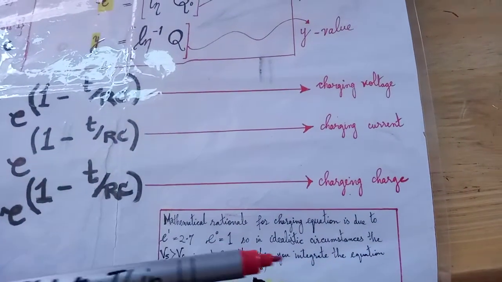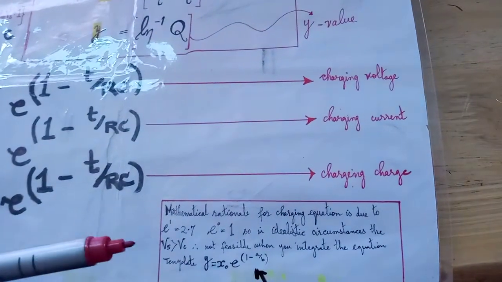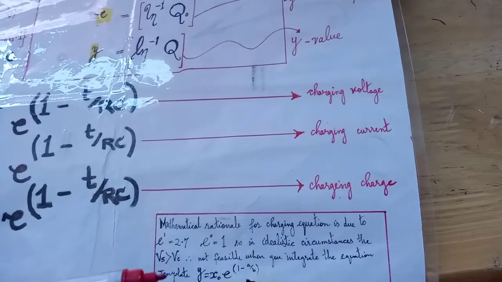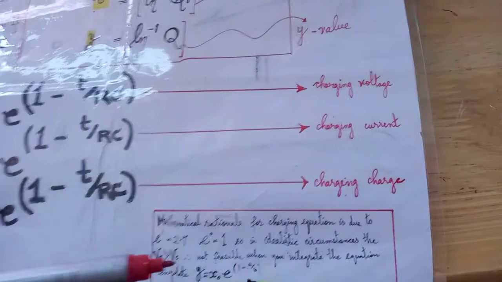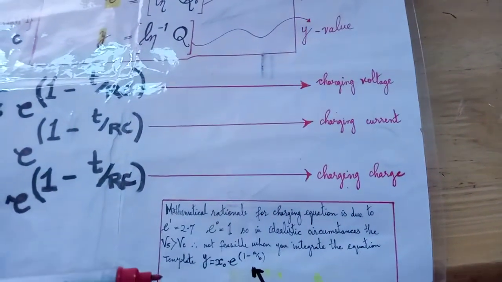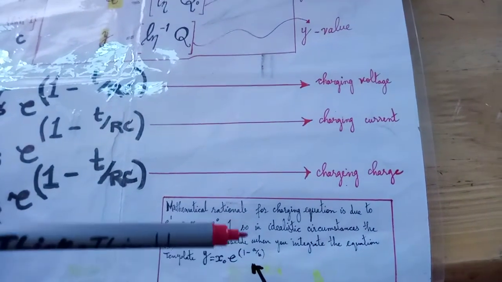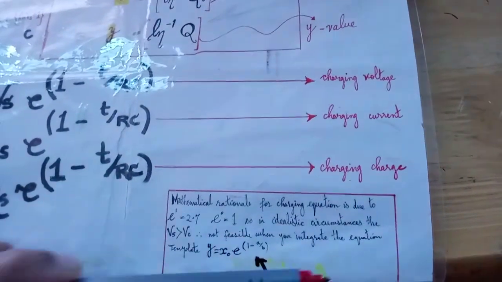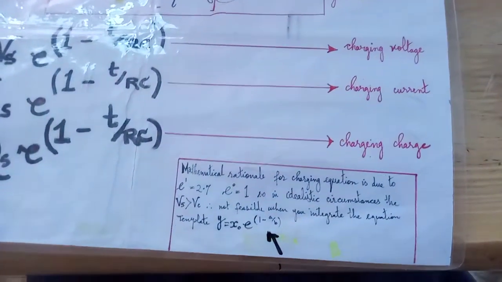In idealistic, theoretical circumstances, the supplied voltage would be far greater than the capacity of the voltage to be stored in the capacitor, but that is not feasible when you integrate the equation, because the template for this equation is y equals x naught times 1 minus e to the power of minus a over b. This is the model of this equation, a decay rate equation model form.